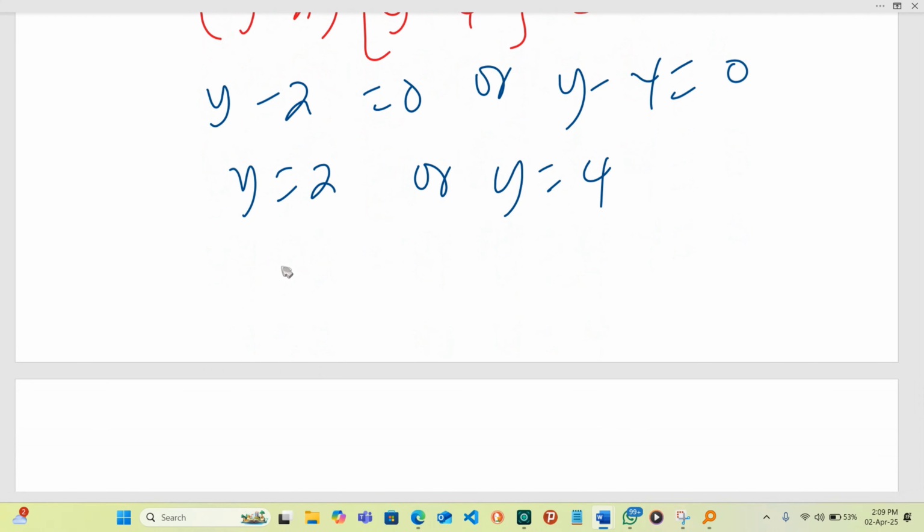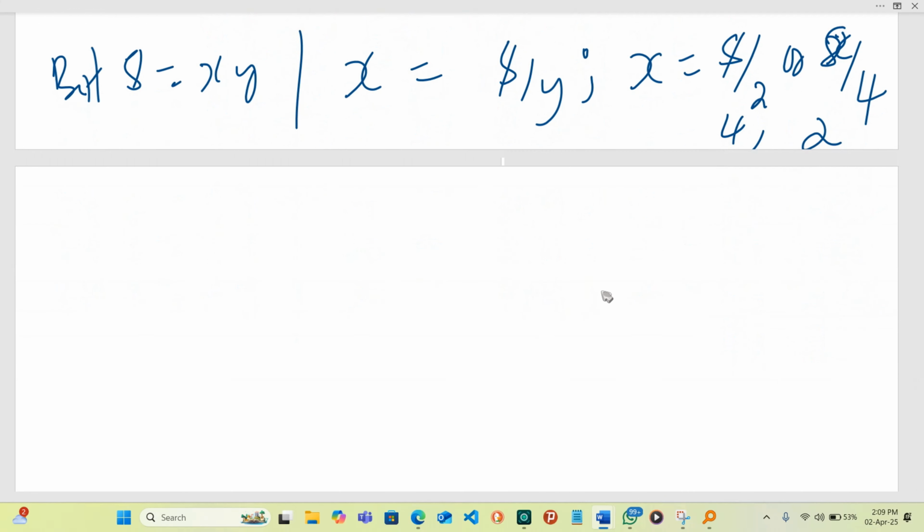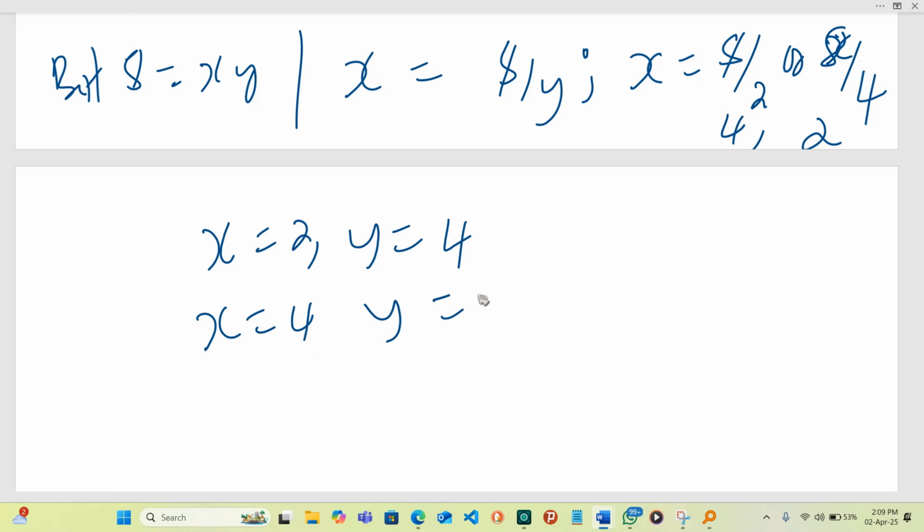So if that is the case, we already know that 8 is equal to xy, meaning x is equal to 8 out of y, meaning x is equal to 8 out of 2, or 8 out of 4. So meaning you'll have 4 and 2. So when x is equal to 2, y is equal to 4. When x is equal to 4, y is equal to 2.